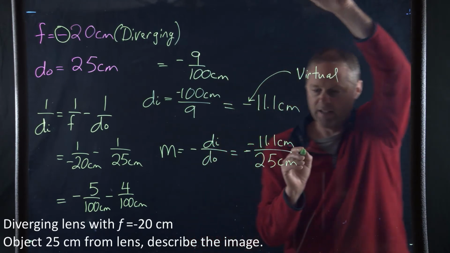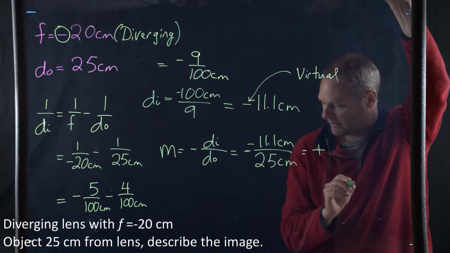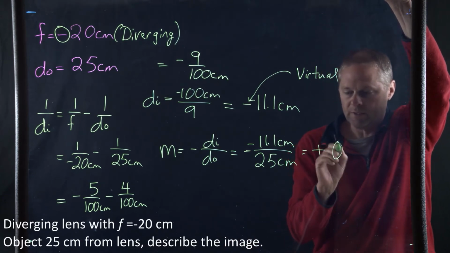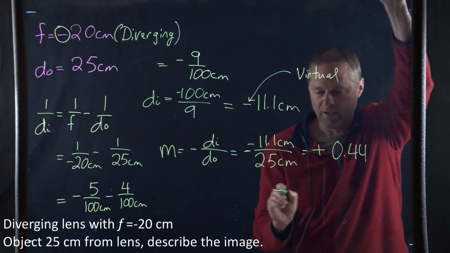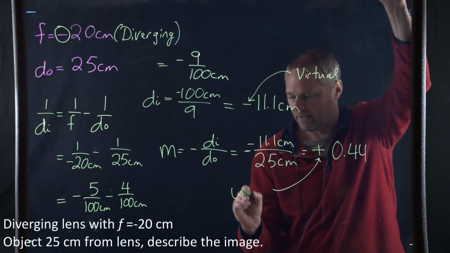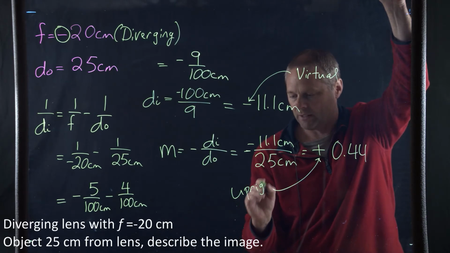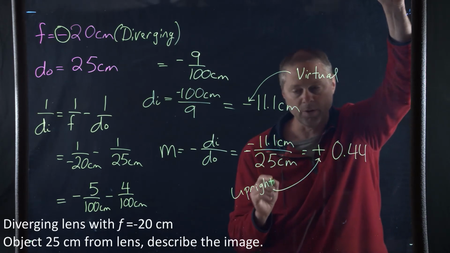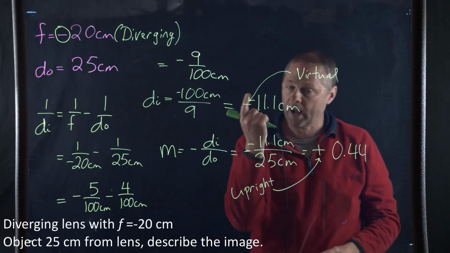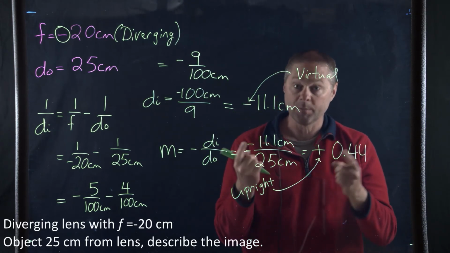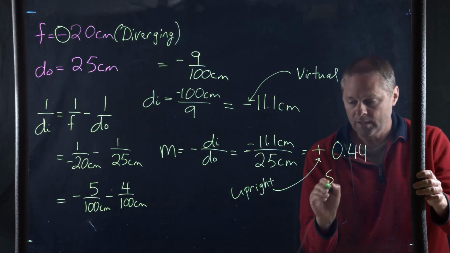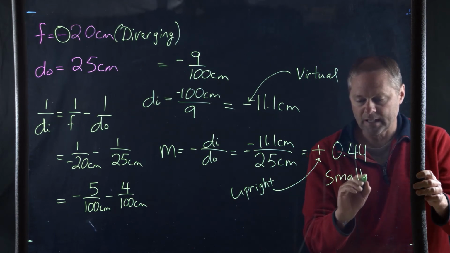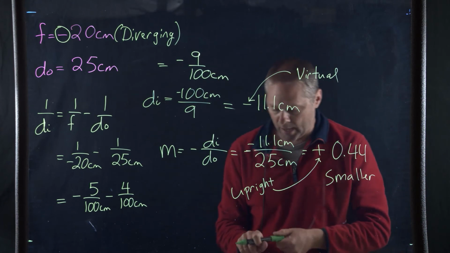So that's going to be equal to a positive 0.44 is what the math turns out to be. Now, because this is positive, it's going to be upright, so it will not be inverted. So if the object is up, the image will be up as well too. And since this is smaller than 1, that means that the image will be smaller than the object.